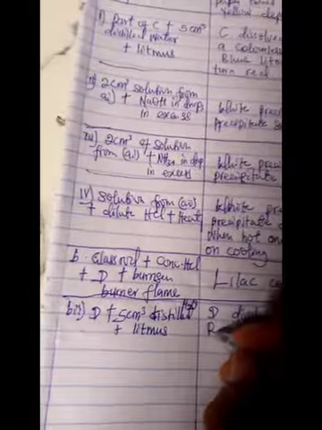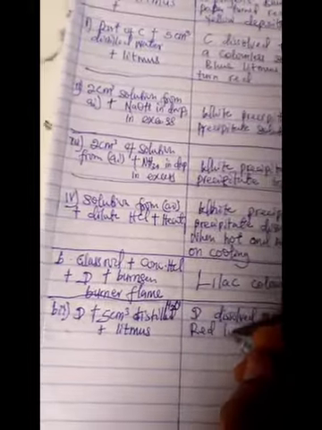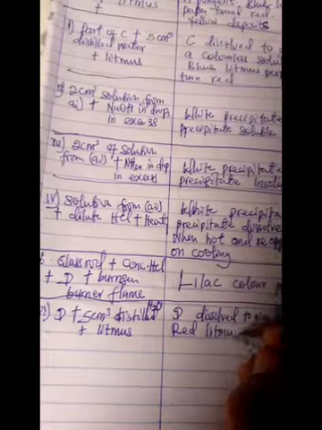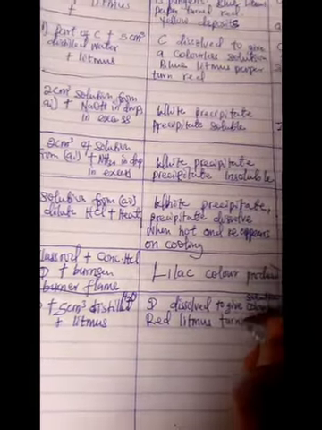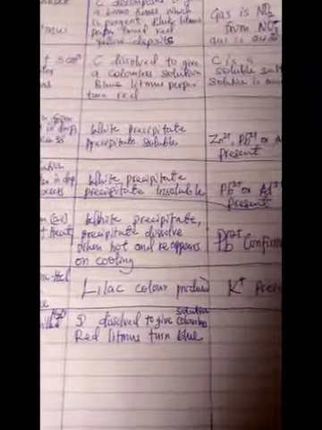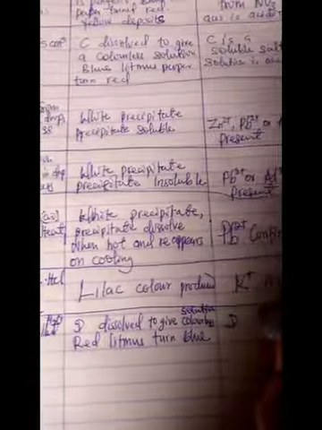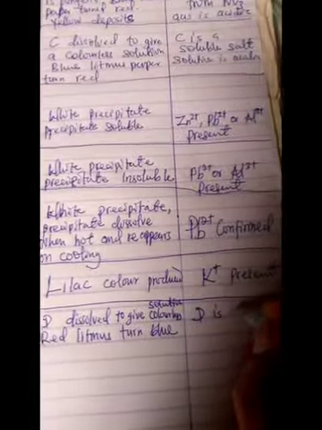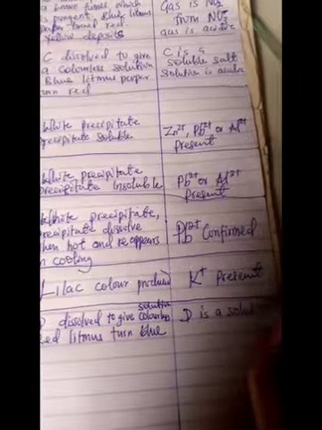And so what will be the effect with litmus? This time around, red litmus turned blue. Then what will be the inference? D is a soluble salt, since it dissolves.